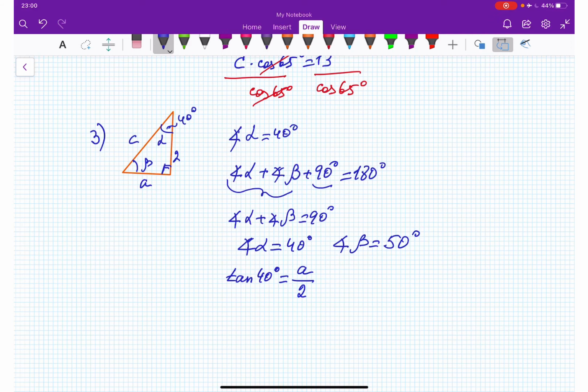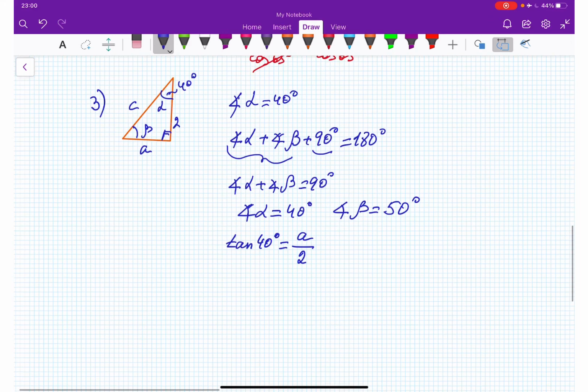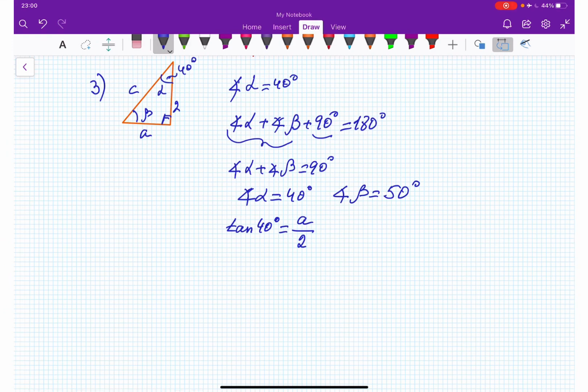So from here, A is equal to 2 times tangent 40 degrees.